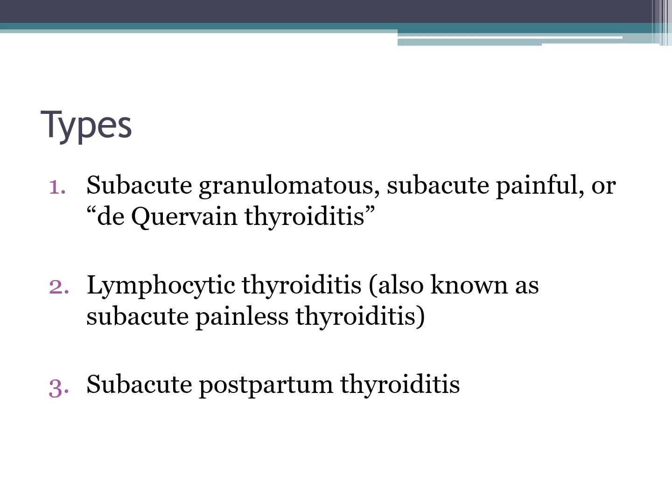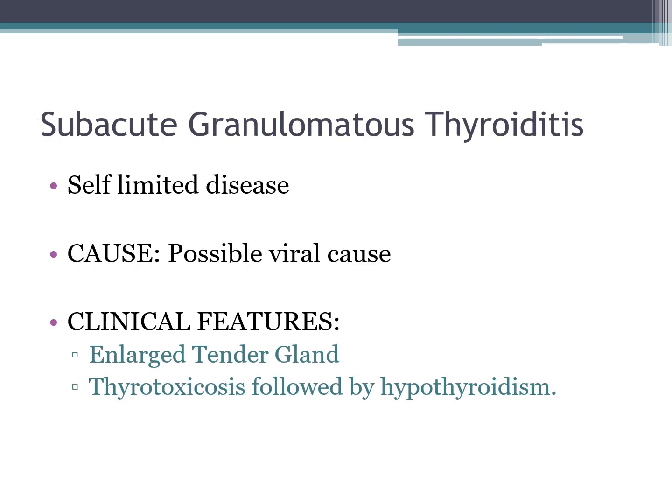If it is painless, it is known as lymphocytic thyroiditis or subacute painless thyroiditis. If the patient is experiencing pain, then it is known as subacute painful or de Quervain thyroiditis. The third one is postpartum thyroiditis, which is present within 1 year of delivery.